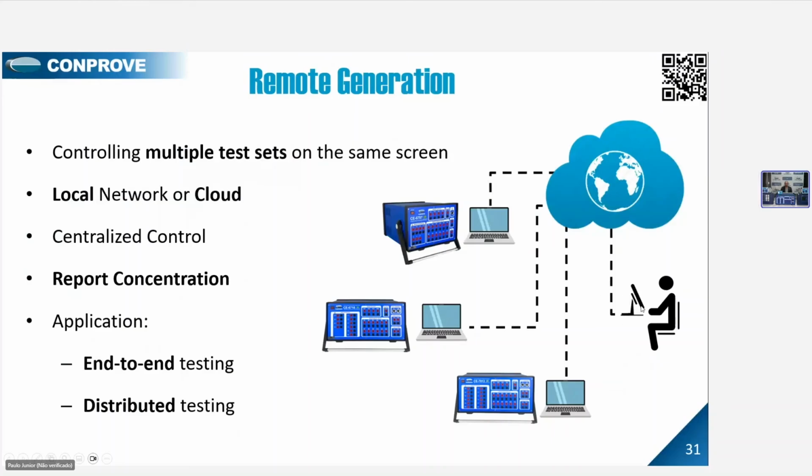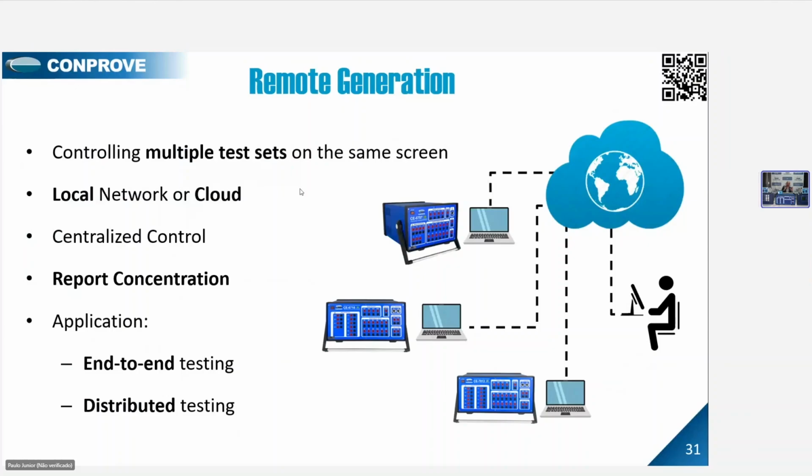On a local network, or in the cloud using the internet, we can control other test sets, and it's very useful for end-to-end or distributed tests because at one end we have the specialist operator, and at the other end we don't need a specialist, because all the control, the synchronization, the fault, the pre-fault, everything is controlled by one person.